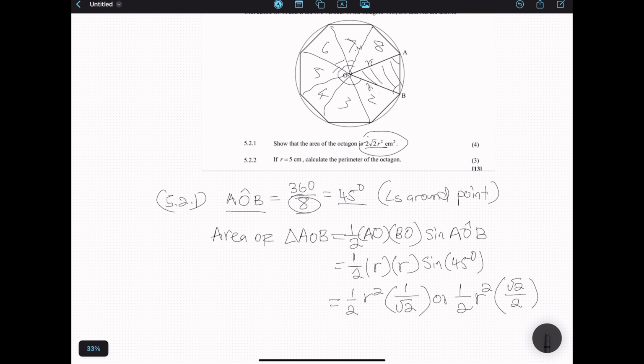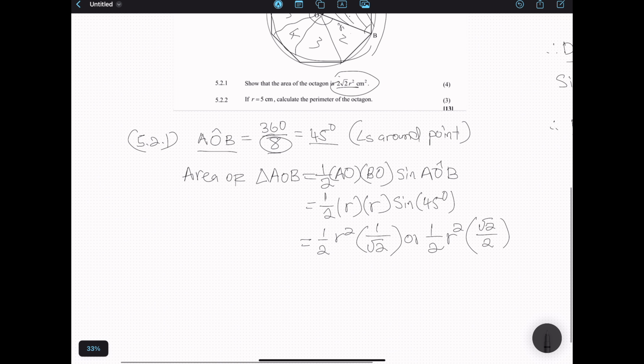But we want the area of the whole thing. If we have this area, we can just multiply it by 8 and then we get everything. Therefore the area of triangle AOB is equal to that.